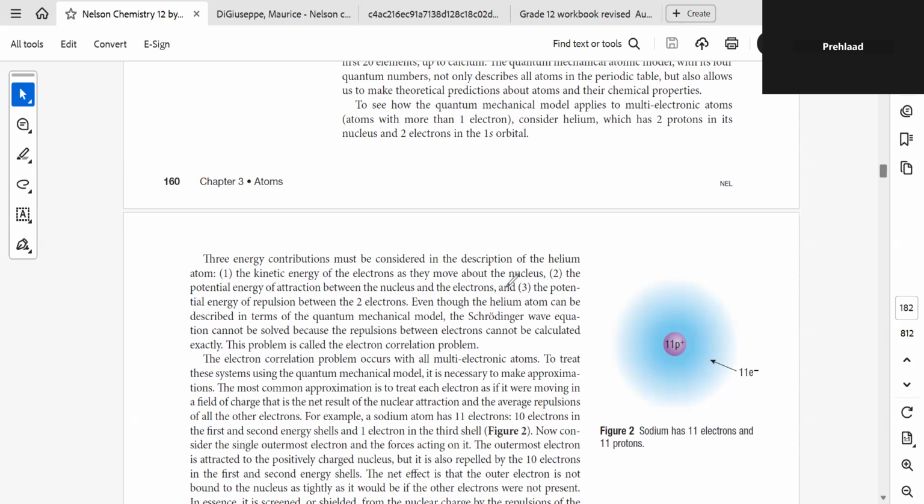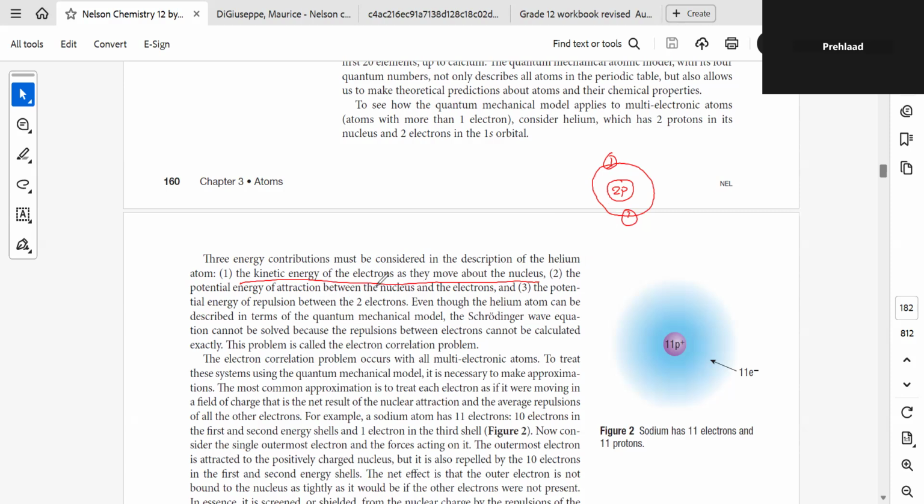So if you have the kinetic energy of the electrons as they move about the nucleus, we know that the nucleus has protons. Since it is helium, let us say two protons, and in the orbit, let us assume there are two electrons. So how much is the energy associated with the helium?